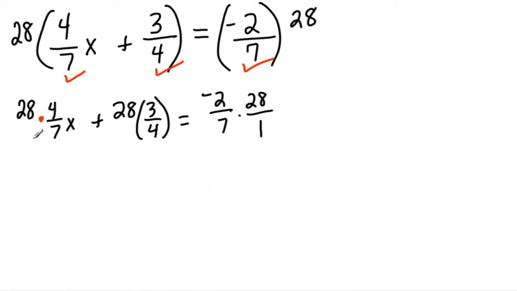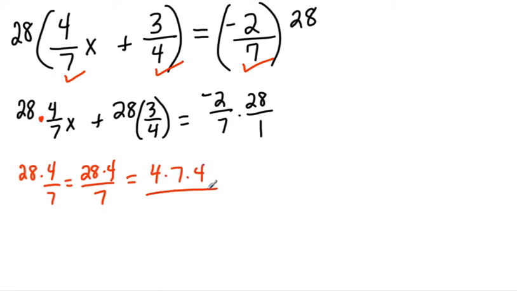28 times 4 sevenths. Do we want to do 28 times 4? No. 28 times 4 sevenths. Does everybody see how that would be 28 times 4 over 7? What does the 28 reduce to? 4 and 7. Then what would happen with the 7s? So this is going to be what? Look at my shortcut. 7 into 28 goes how many times? 4. 4 times 4 is 16.